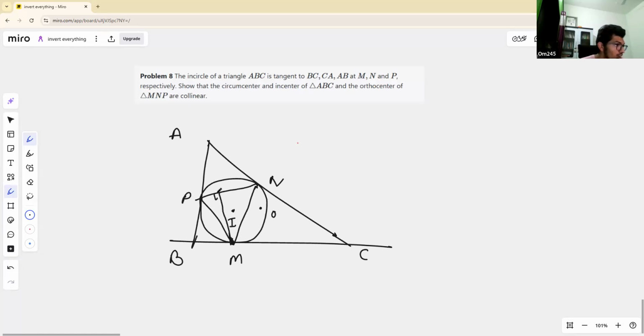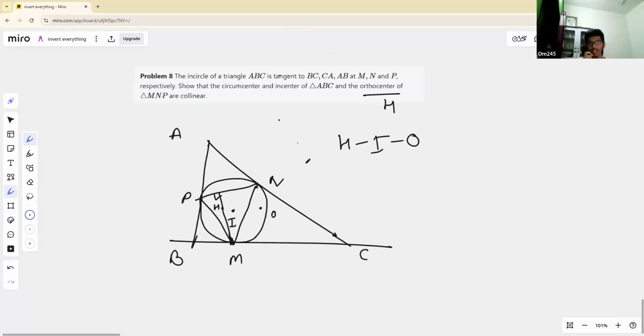Suppose H is the orthocenter of this triangle, and we have to prove that H, I, O are collinear.